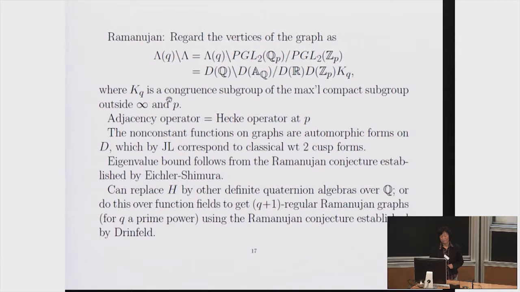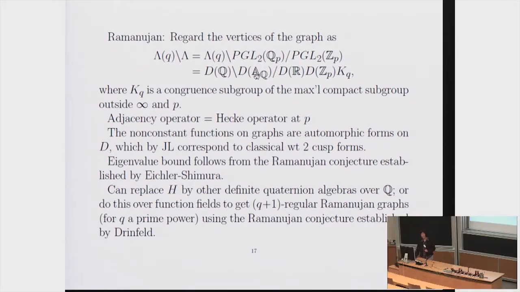The adjacency operator is nothing but the Hecke operator acting on these automorphic forms. So we are interested in the non-trivial eigenvalues of the Hecke operator at p acting on such automorphic forms.